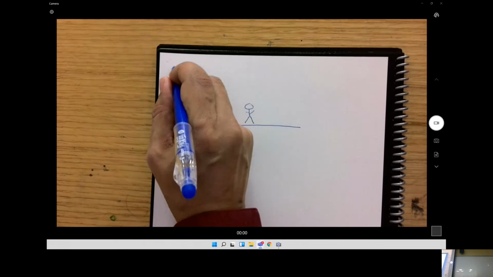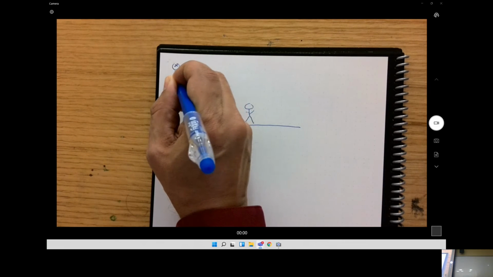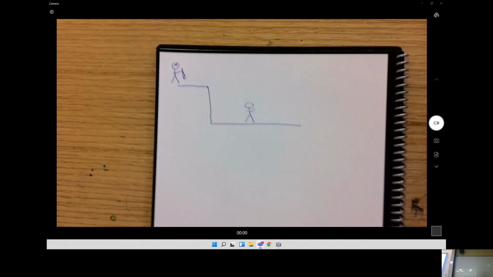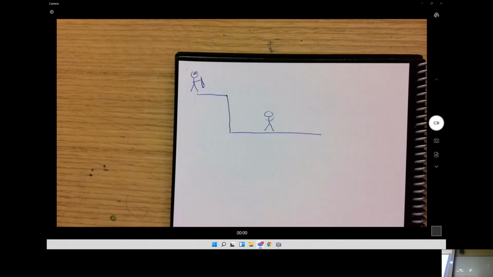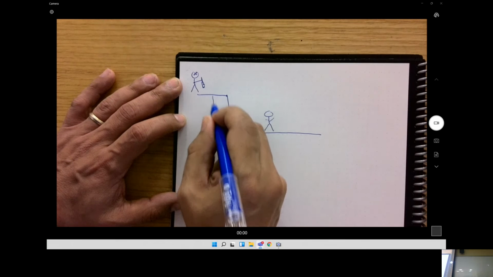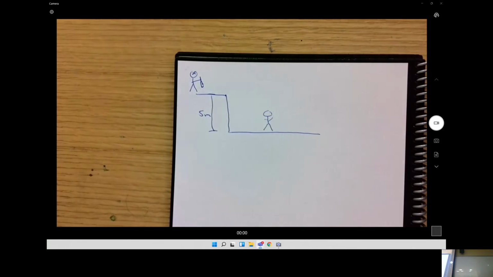And Jason is going to be somewhere around here. I'm going to say that is the same pool that we were working before. Oh, well, it's a different pool. So I'm going to say that this pool has a height of 5 meters.